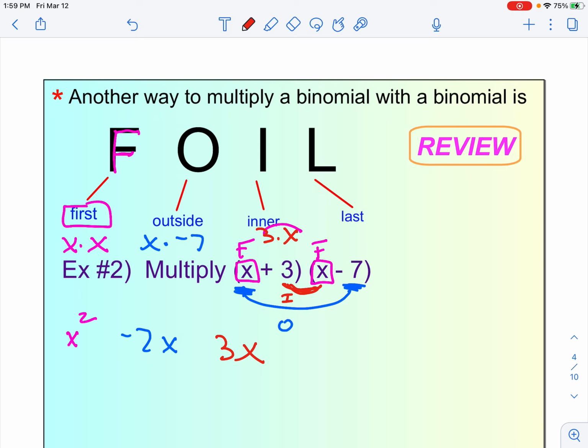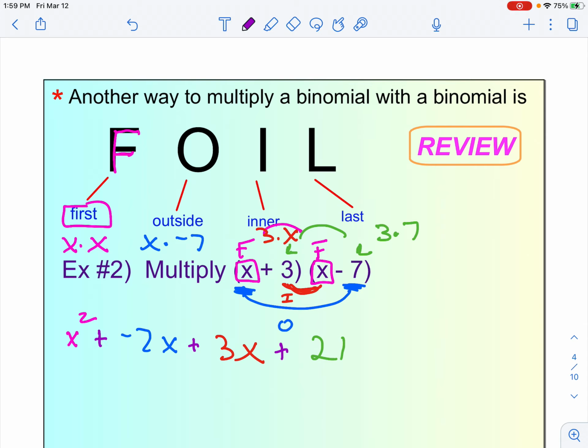And then last but not least, we have our last terms in each parenthesis. When we multiply our last terms, 3 times 7, that gives us 21. If we don't have any positive or negative signs, those values are positive, so we add these all together.